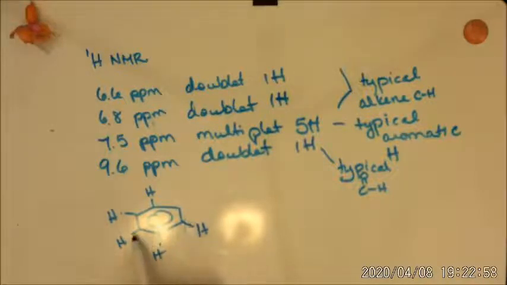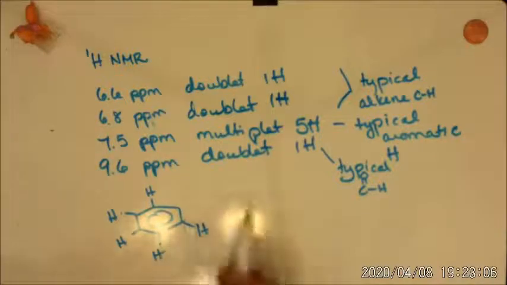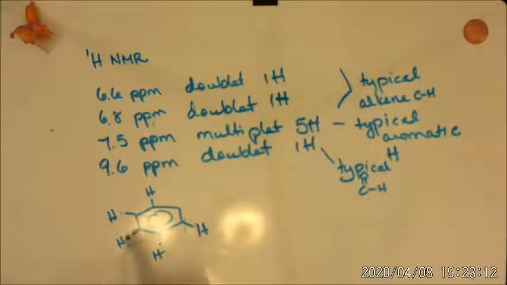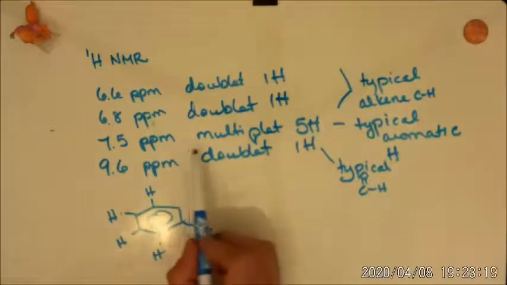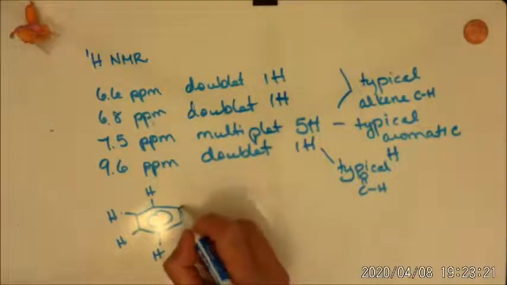This one gets a doublet of doublets, and this one gets a triplet. So that's why it's so messy. Because they're slightly different, and they're all on top of each other, it's really going to be hard to separate those out. But that's in the range, and they're very close together.